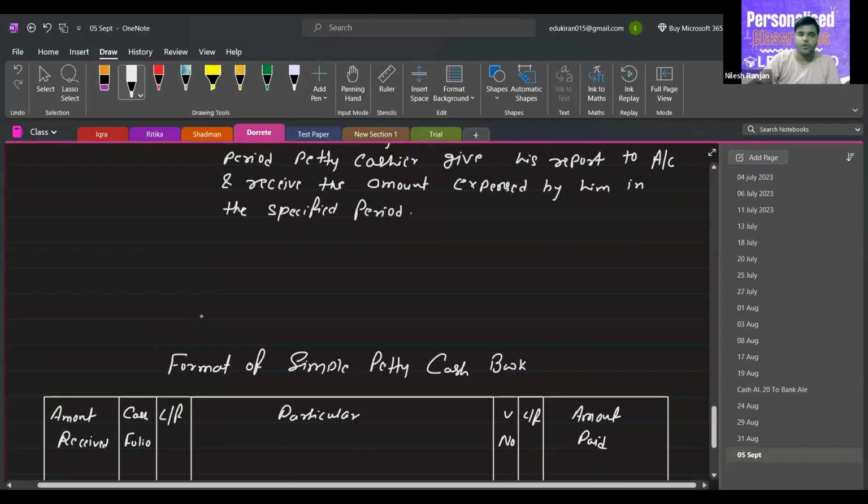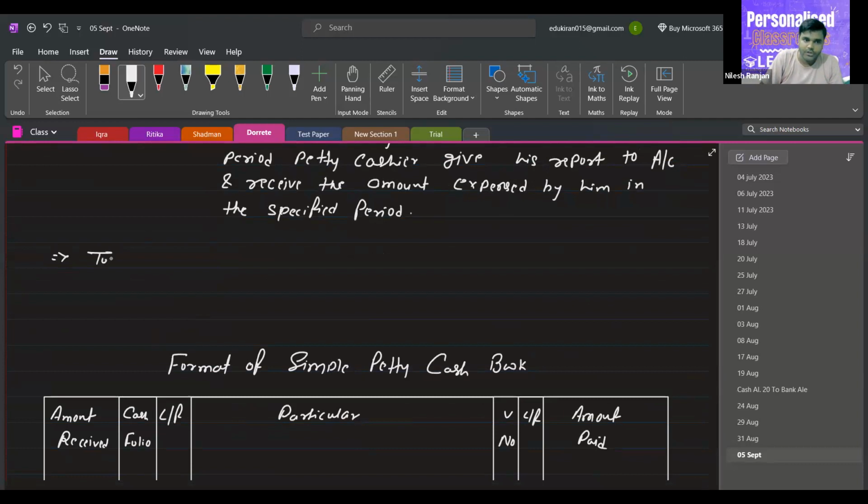Okay, so for solving any question, there are two methods for preparation of the petty cash book.